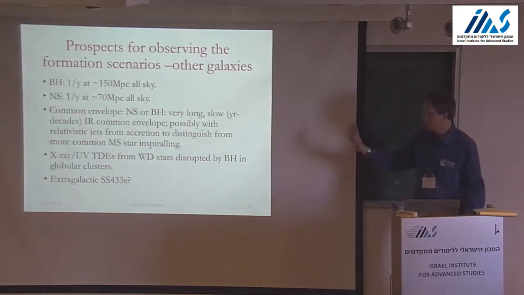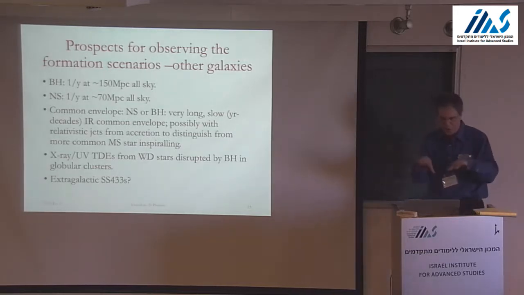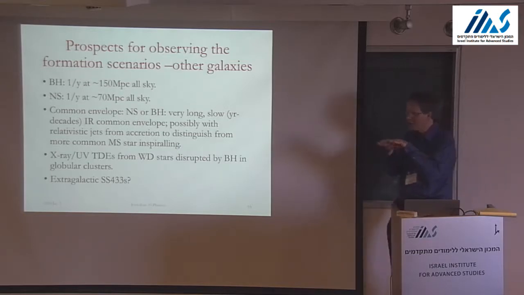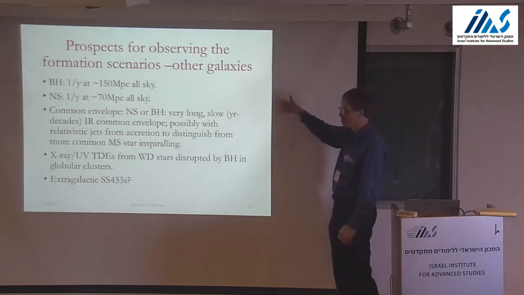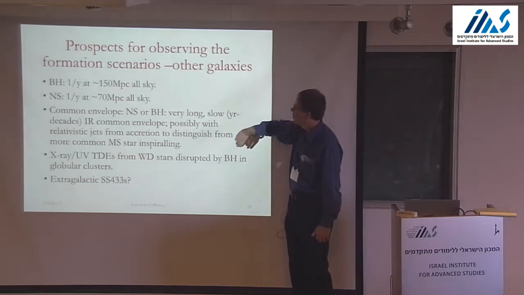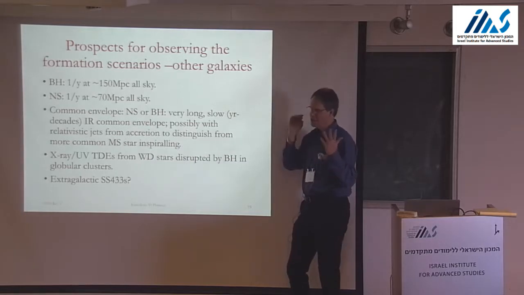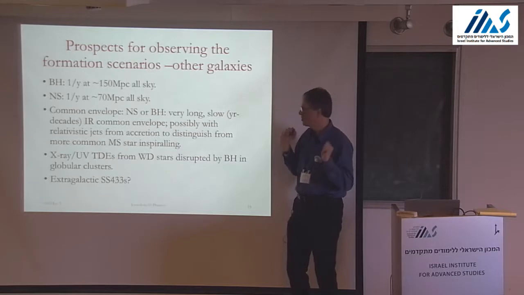I'll discuss some other ones later when we talk about the electromagnetic counterparts, forming stars in the accretion disks around active galactic nuclei and capturing them, and those also are typically rather small rates, but they're especially interesting for electromagnetic. So let's ask, could we actually see some of these formation scenarios just happening in the sky?